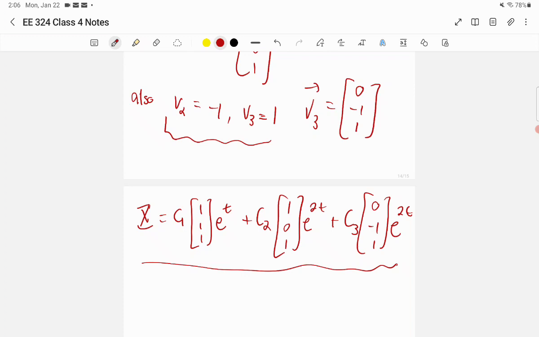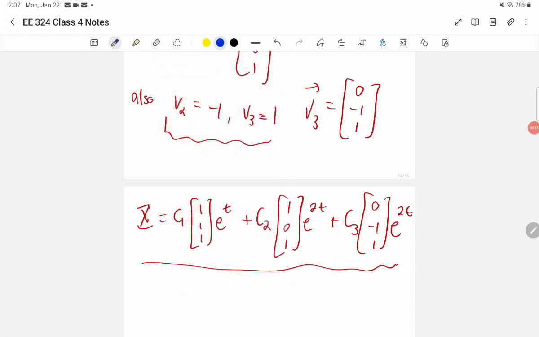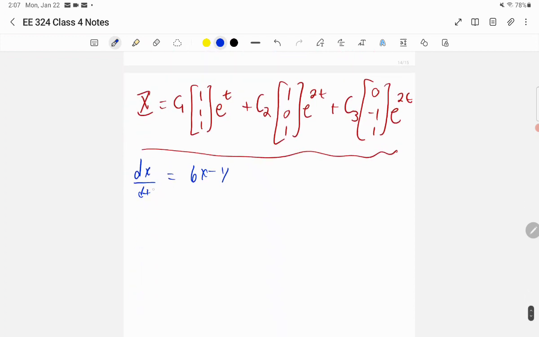So let's do another example. I'm going to switch to a different color now. Let's say we have dx dt. This is just x dot, right? It doesn't matter. 6x minus y, and dy dt is equal to 5x plus 2y.